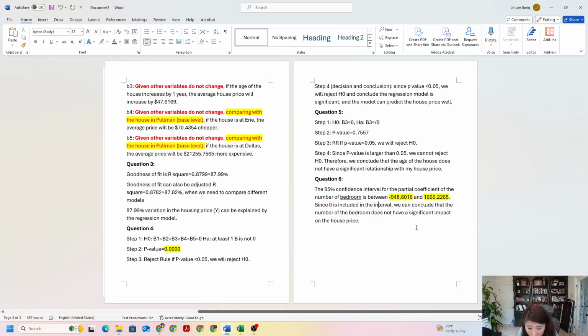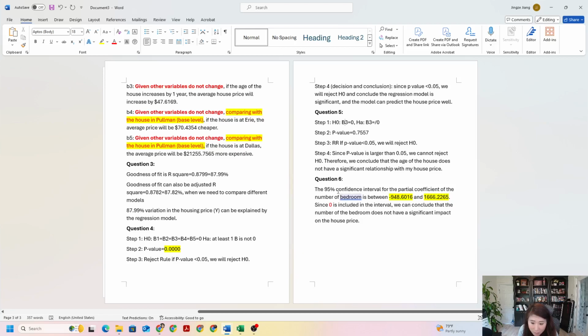Since zero is included, the relationship between house price and this specific variable, bedroom, has no significant impact. If you think about this method I mentioned in the lecture, it's pretty much similar to my t-test here, because the t-test tries to see if b3 equals 0. Here we just say that with 95% confidence, b3 can be 0. So the same conclusion, right?